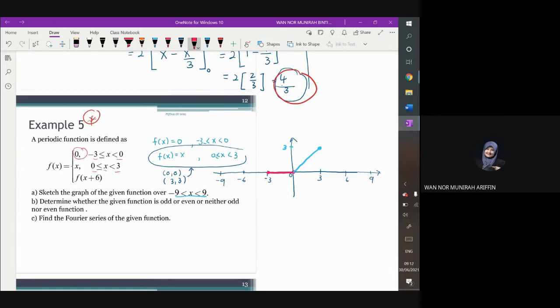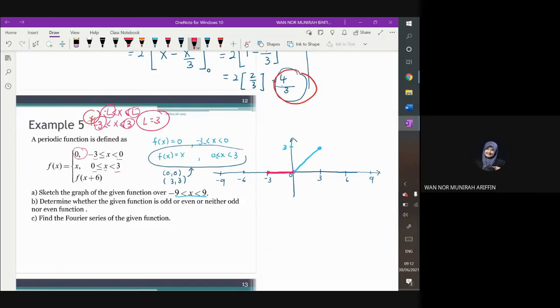So here you have the function defined over the interval -3 to 3, which can be matched to our previous knowledge that the function is defined over the interval -L to L. Notice that -L equals -3 and L equals 3, so we can conclude that L equals 3.